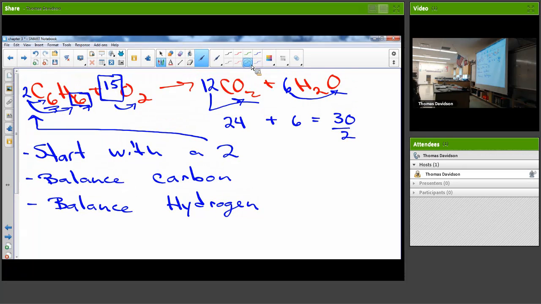Balance hydrogen means just take the number with H and put it in front of water. Don't overthink it. The next thing, balance oxygen. And when you balance the oxygen, you have to always remember to divide your total oxygens in half because you have O2.